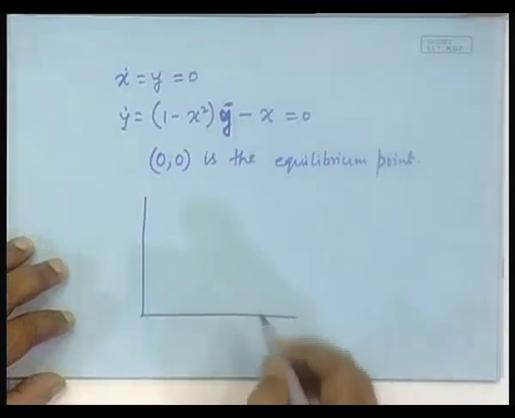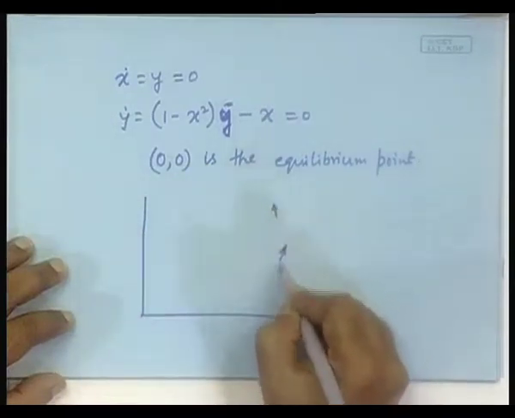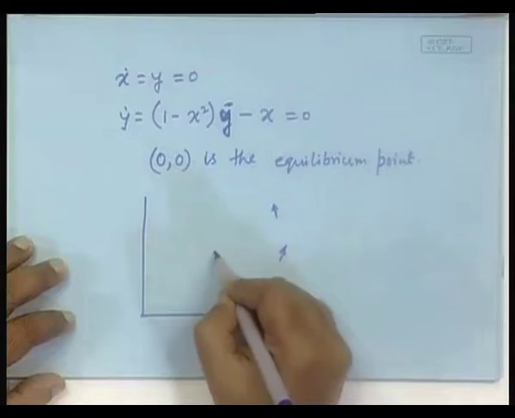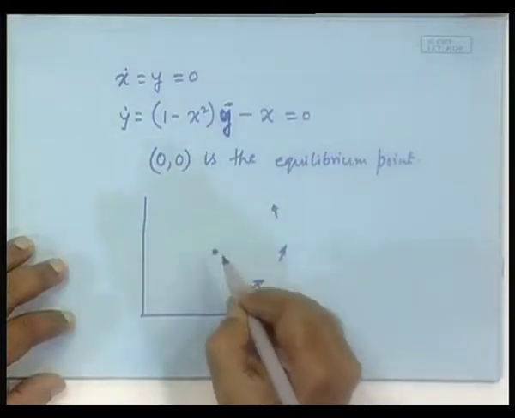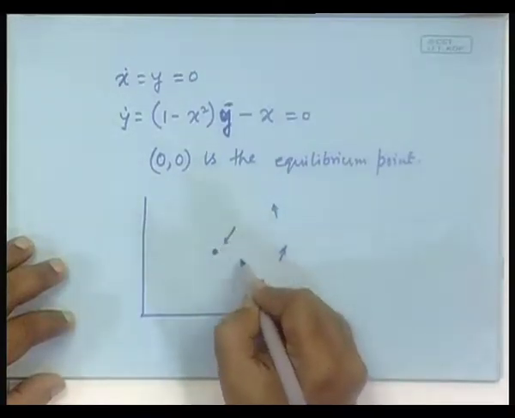What do you mean by behavior around the equilibrium points? See, normally you will have a vector here, something else happens elsewhere, but here supposing there is a behavior something like this.